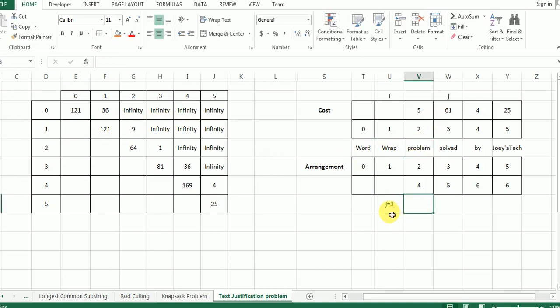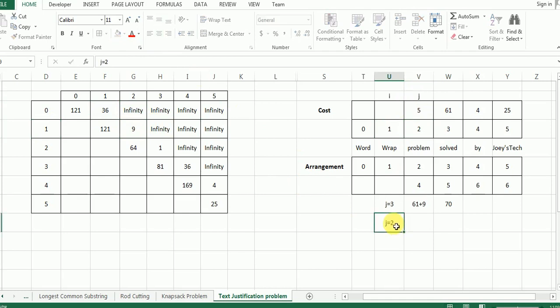The value will be calculated as 61 because at J equal to 3 the value is 61. And 1 to 2 we have to check. So 1 to 2, the value is going to be 9. All right, so the sum is going to come as 70. Now we move J left to check what will be the value if the split happens at 2.